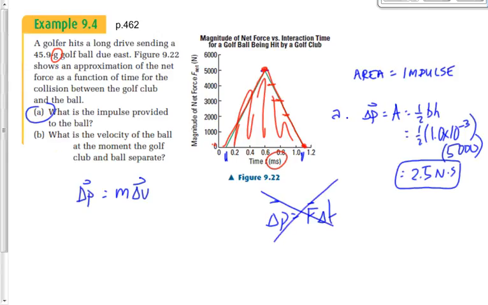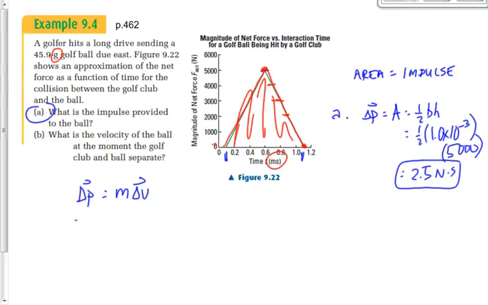Look at this graph. Tell me why we don't want to use F times delta t. What force do you use? Seriously, the force is changing from 0 to 5,000 back to 0. What force should you use? Well, technically, you could use the average force, but it's more hassle than it's worth. Just don't use it. Use m times delta v.